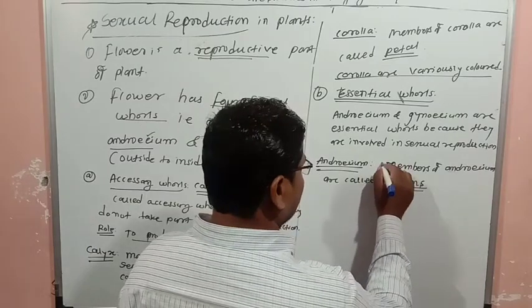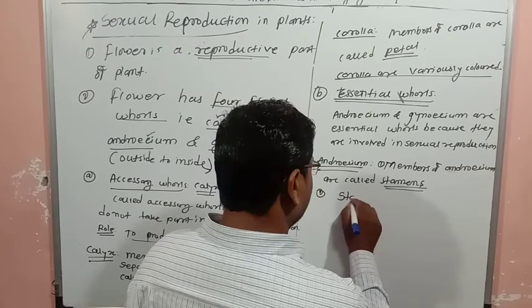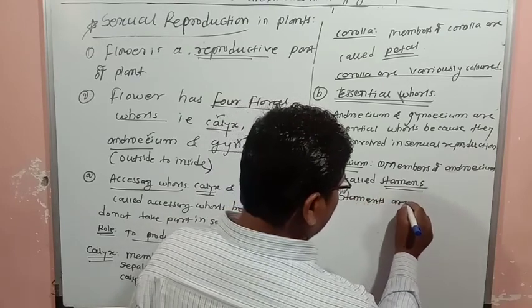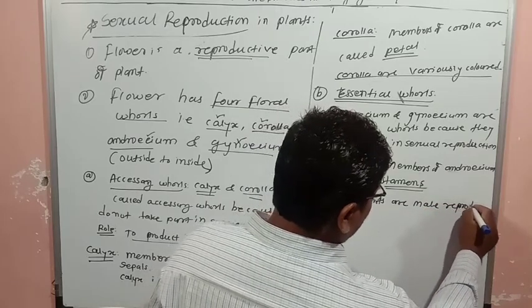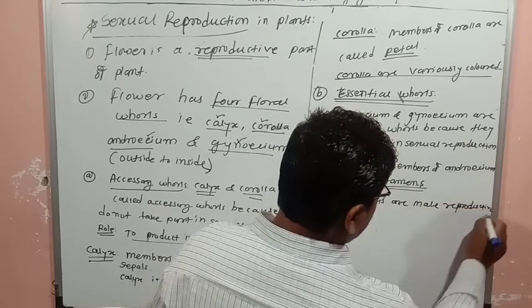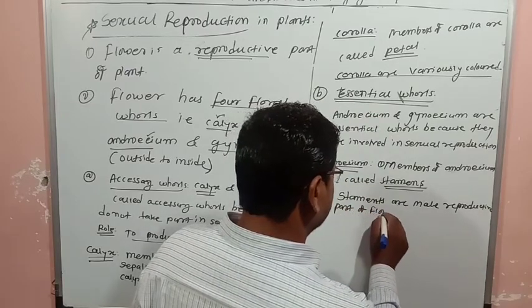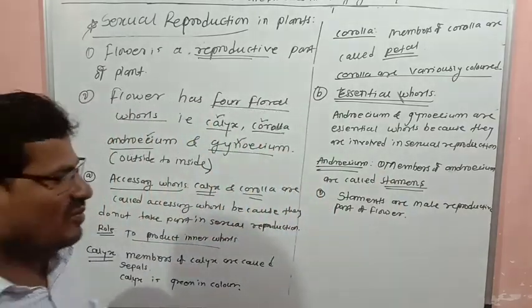Second thing, stamens are the male reproductive part of the flower, or androecium is the male reproductive part of the flower.